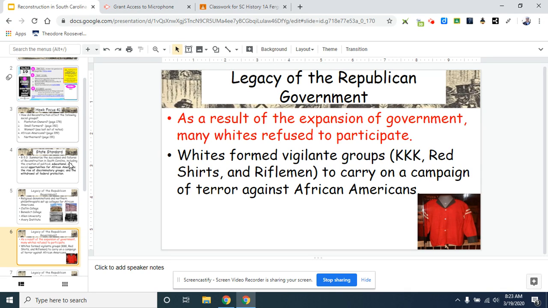So if you were an African American and you were trying to get a prominent place in society and make a name for yourself and do a good job and get a good job, they were going to make sure it was super difficult for you to do that. They were going to terrorize you and your family and threaten to kill you. And if you didn't stop doing what they didn't like you doing, they were probably going to hang you in a tree. So super rude, needless to say, and unacceptable behavior.